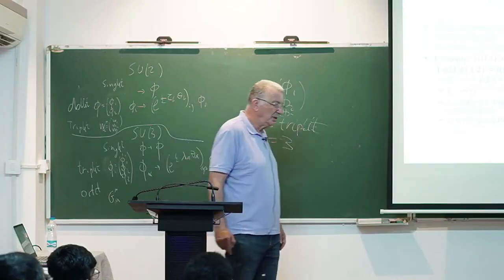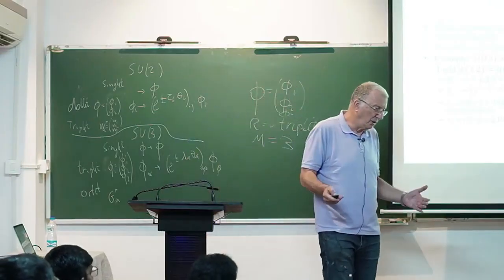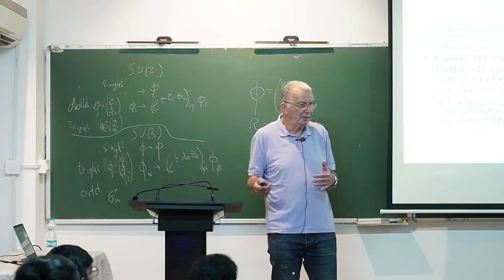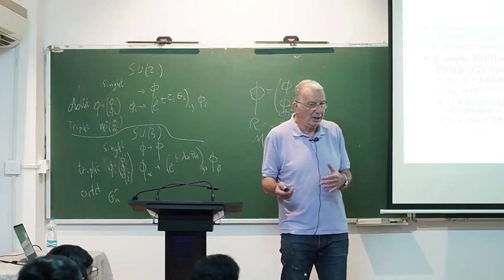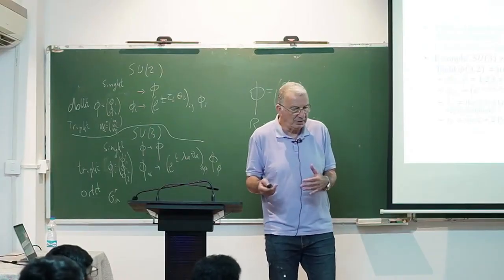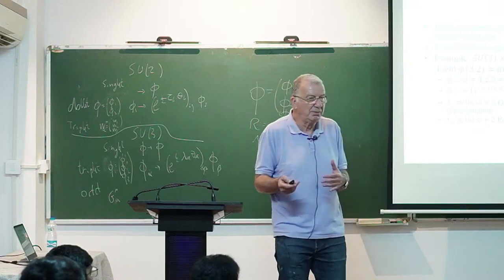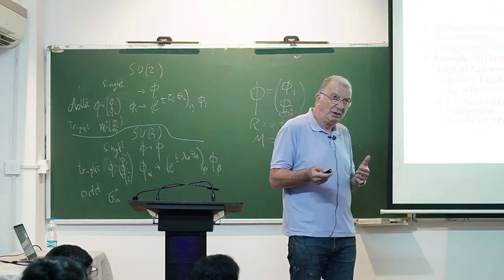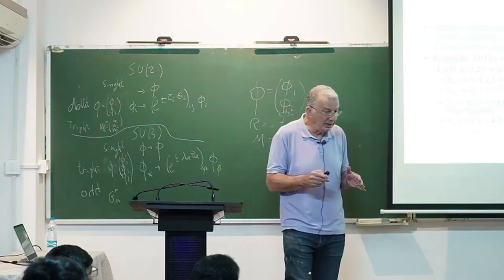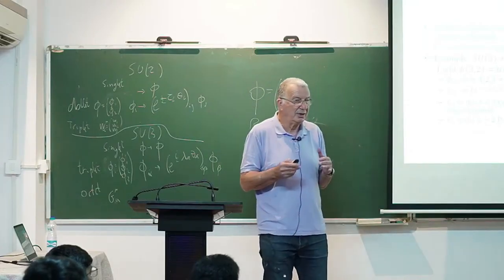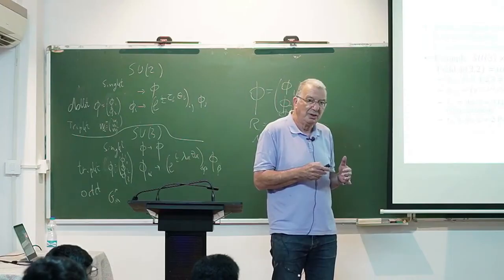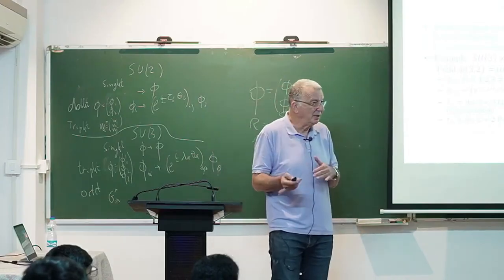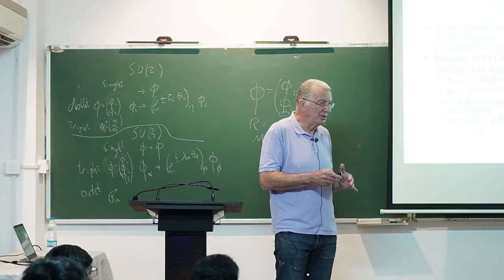It turns out that the standard model, for all the particles that we know, has only 2 non-abelian groups in it, SU(3) and SU(2). And all the scalars and the fermions are either singlets of these groups or in this smallest representation. So all the fields of the standard model, fermions and scalars, are either singlets or doublets of SU(2), and all the scalar and fermion fields of the standard model are either singlets or triplets of SU(3).